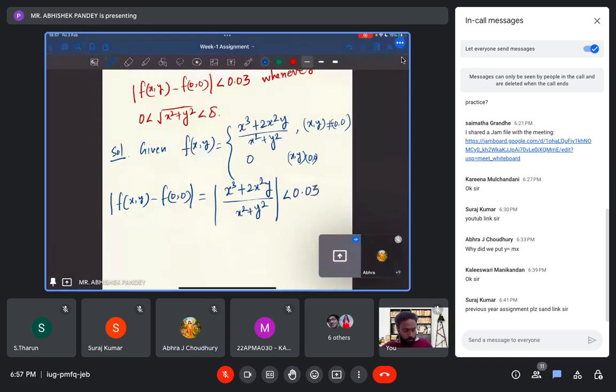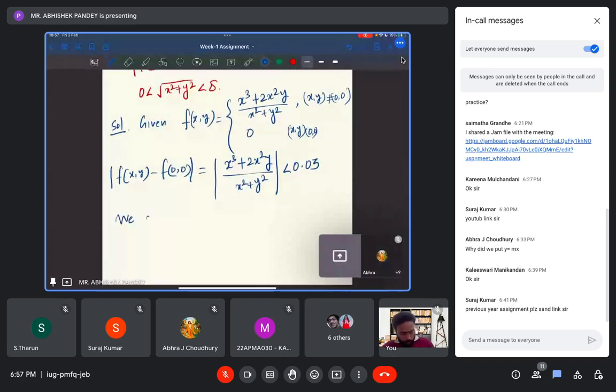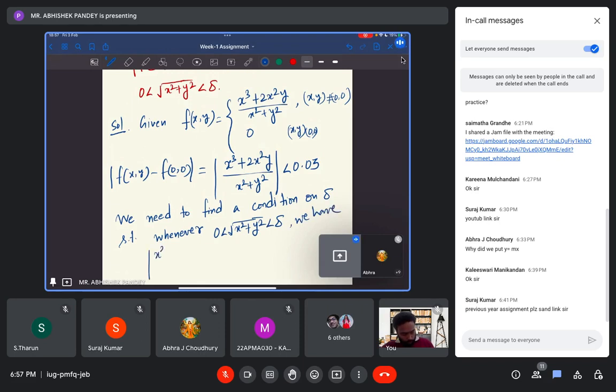So we need to find a condition on delta such that whenever the square root of x squared plus y squared is in this range, we have the modulus of (x cubed plus 2x squared y) upon (x squared plus y squared) less than 0.03.